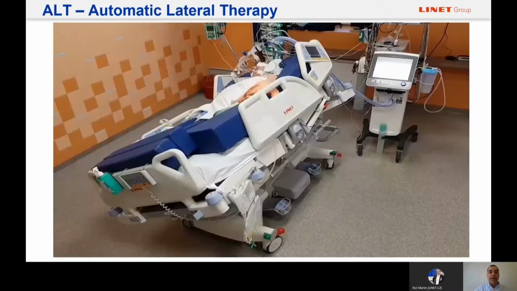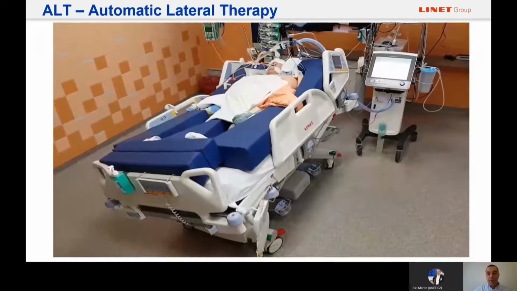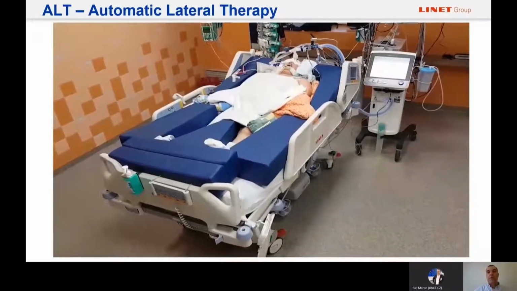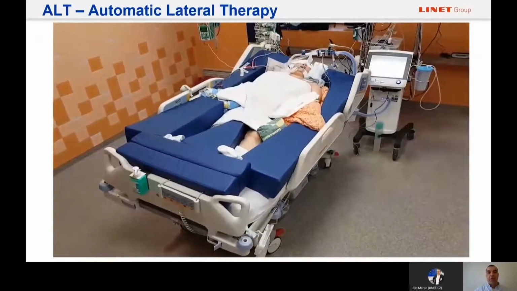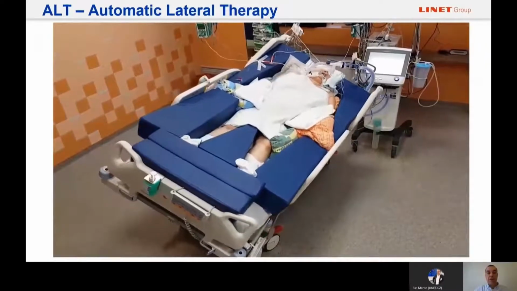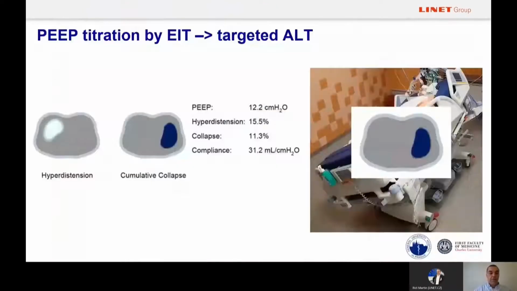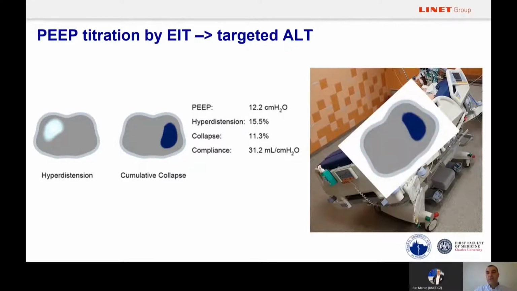Automatic lateral therapy is the technique of Linette company, which can provide tilting of our patient by a predefined degree and time. If we have a patient with this asymmetric damage of the lung tissue, hyperdistension on the right side, collapse on the left side, at PEEP 12, we can decide to put the patient with the left side up, the collapsed side up.